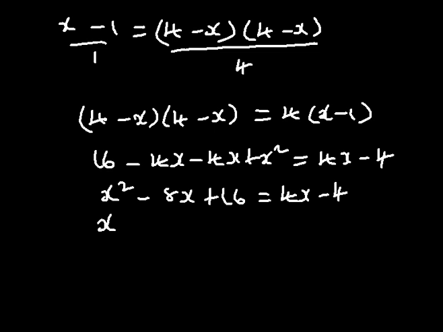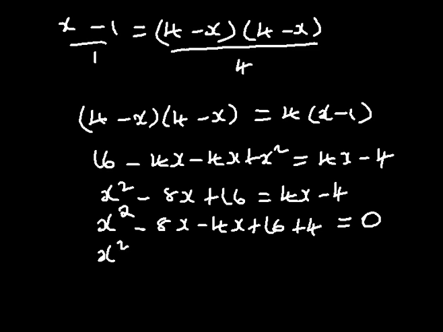Let me have it this way: x squared minus 8x. Then we bring this to the other side: negative 4x, since it's positive, plus 16 plus 4, because this is a negative, and upon being transferred, it becomes positive. So we have x squared minus 12x plus 20 is equal to 0.